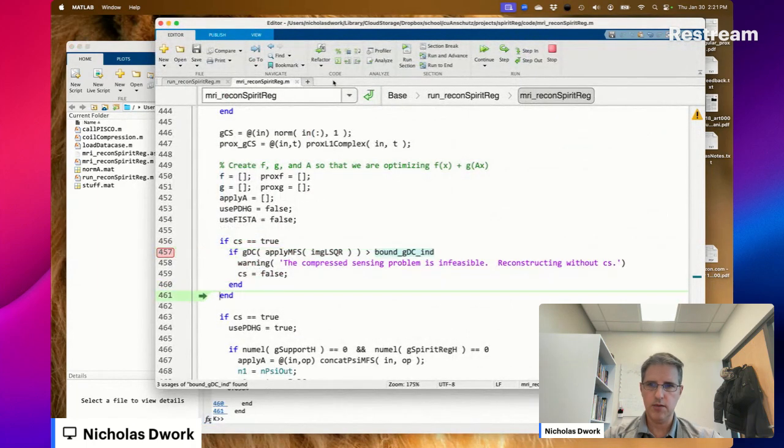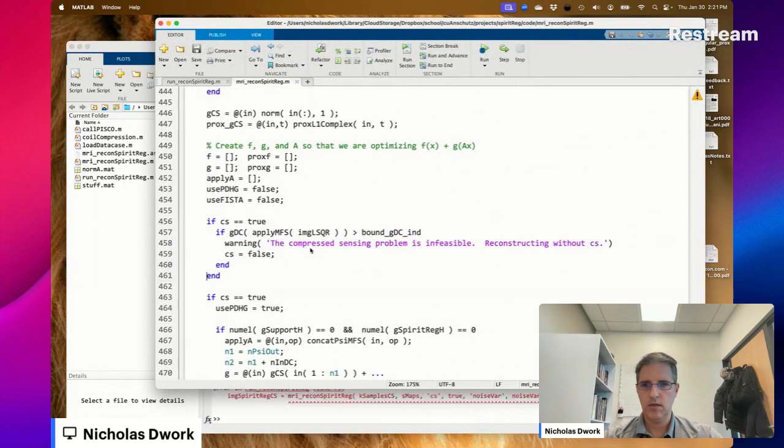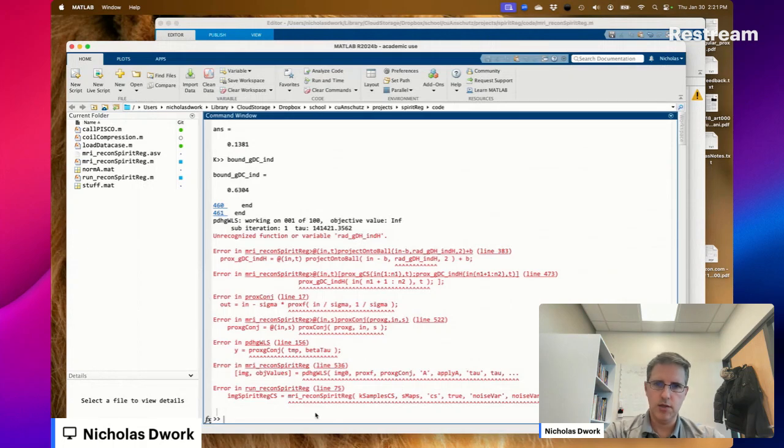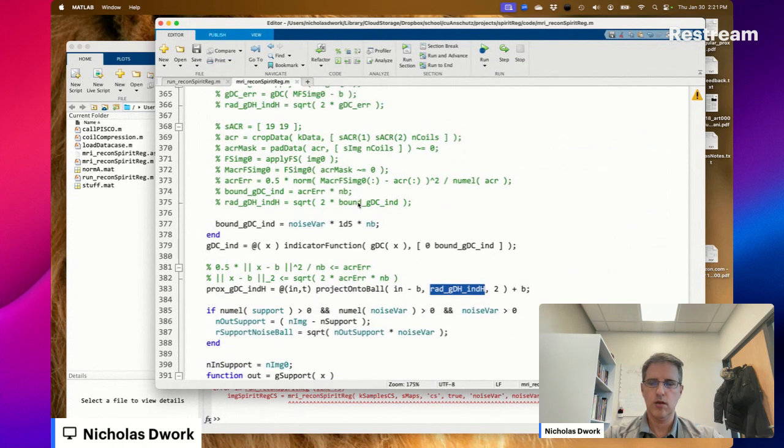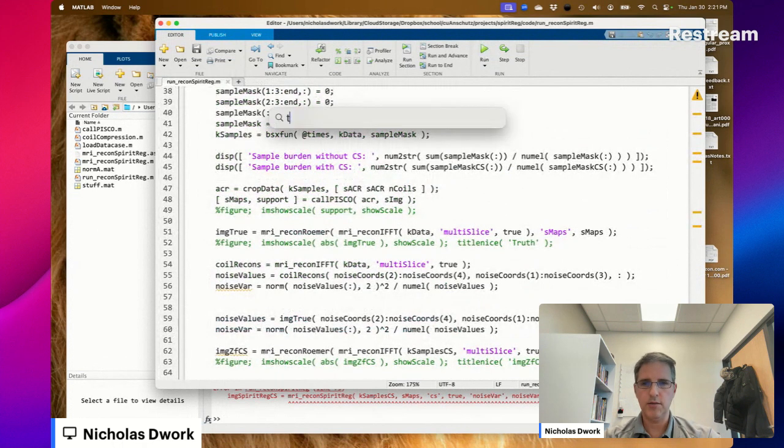Okay, so it's feasible. And there's a bug, rad. I'm going to revert. That's what I'm going to do.